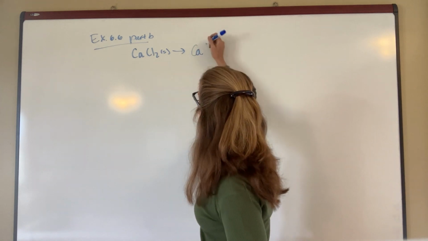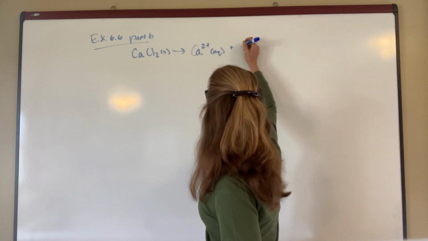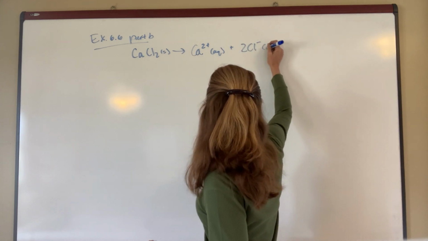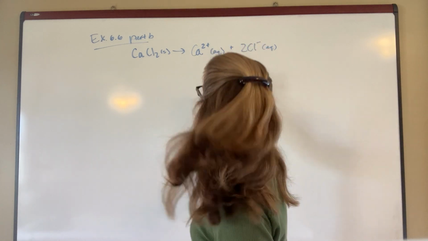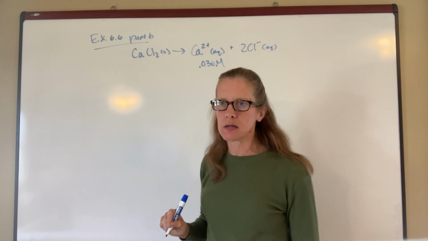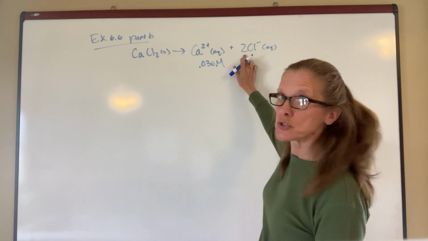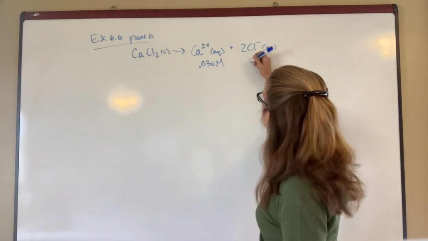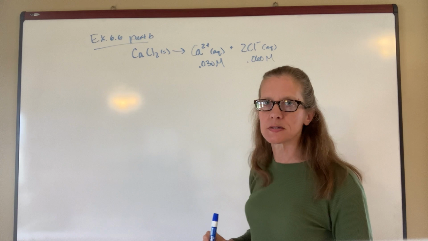So it's a single-headed arrow. So I've got calcium ions and I have chloride ions, okay? They told me that it was 0.030 molar in calcium ions. So therefore, what is it in chloride ions? Well, it's twice that, right? So this is going to be 0.060 molar in chloride ions.